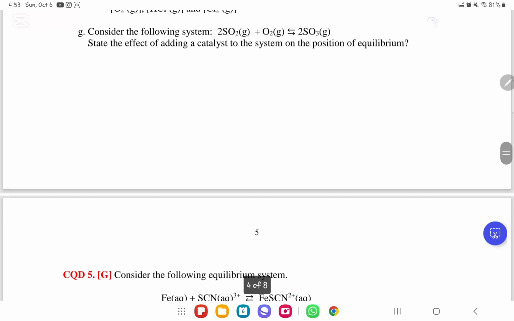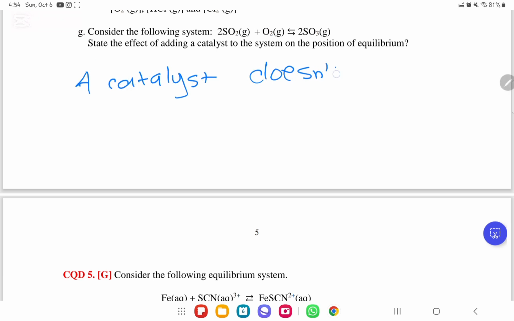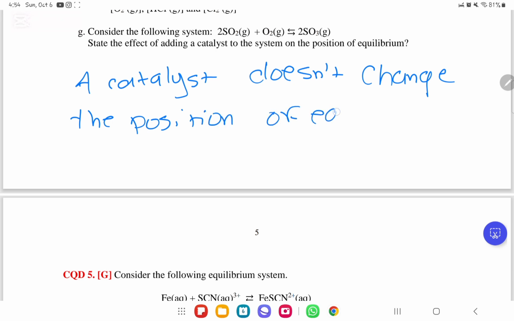Now part G. Consider the following systems: 2SO2 gas, plus O2, in equilibrium with SO3. State the effect of adding a catalyst to the system. A catalyst doesn't change the position of equilibrium.